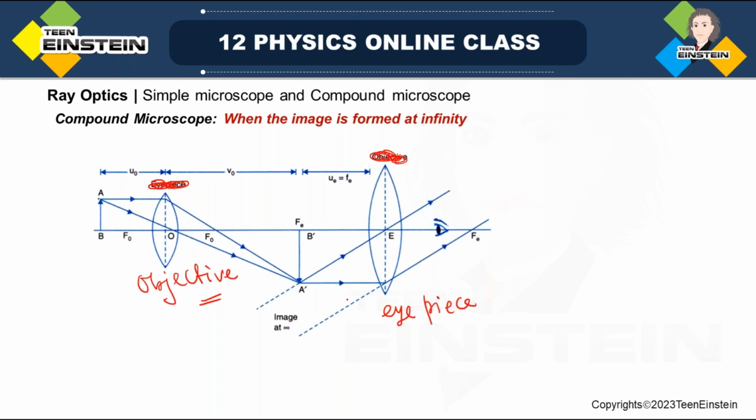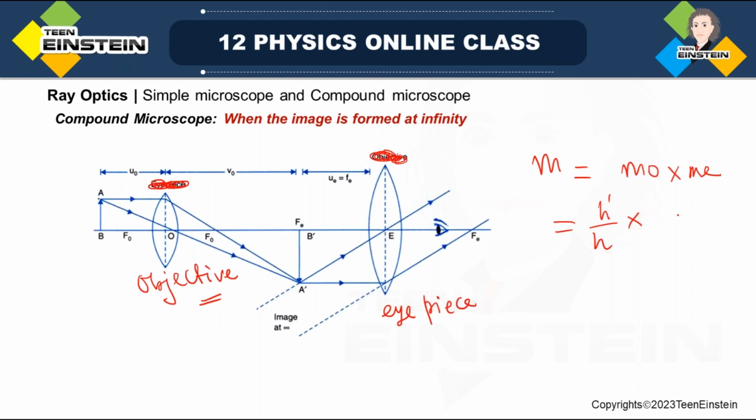Okay, so the objective has to form an image of this AB. For that case, the magnifying power can be written directly here. Actually, this will again be Mo into Me. Mo is again the same thing, H prime by H, into this Me.